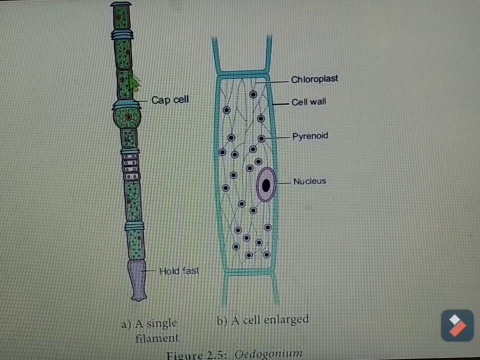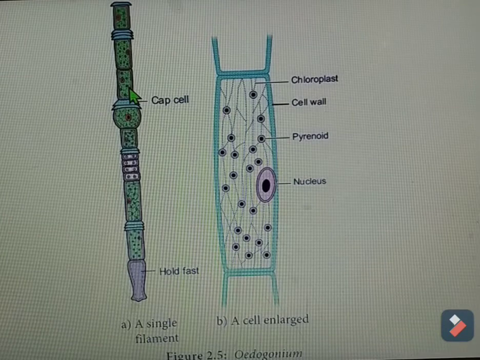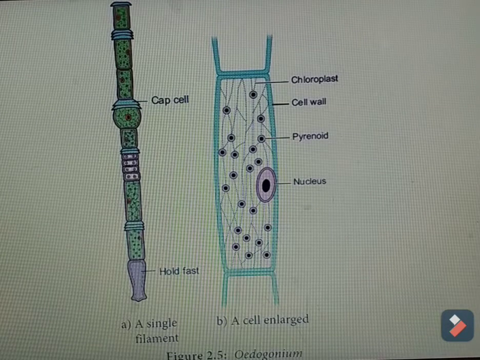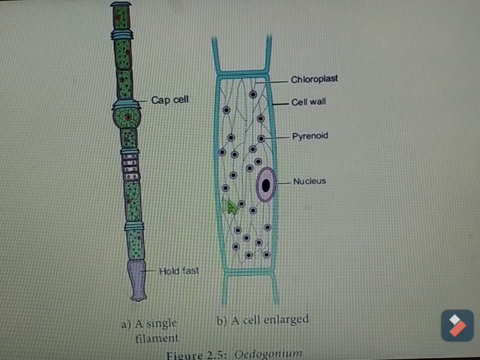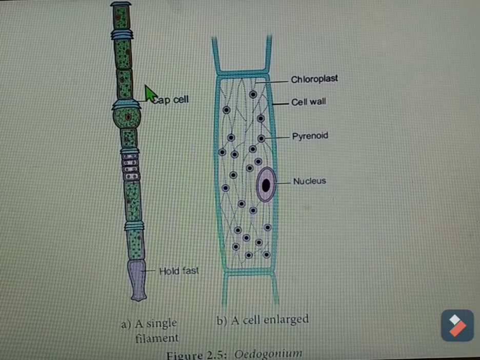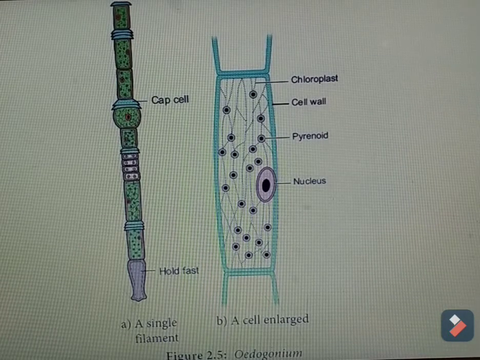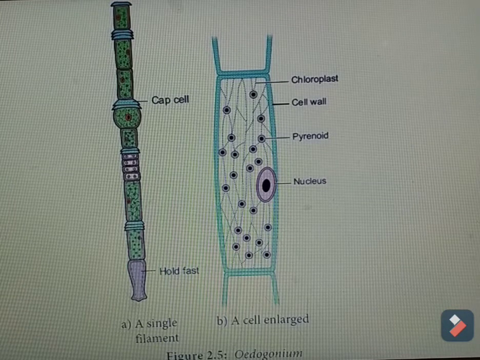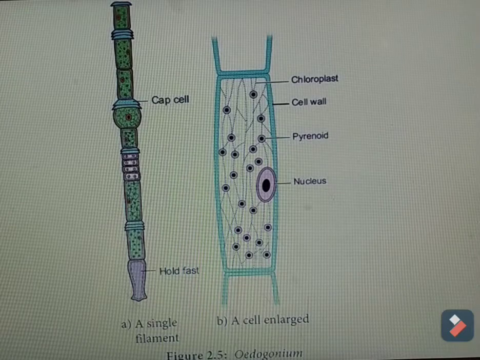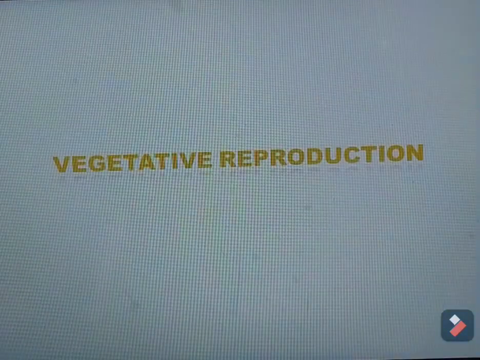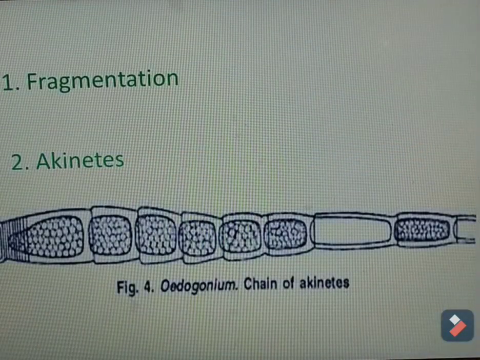Due to this process, small fragments are formed, and under favorable conditions those small fragments will grow into complete filaments. That is reproduction through fragmentation.